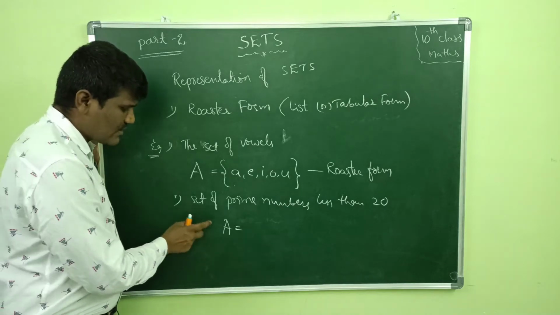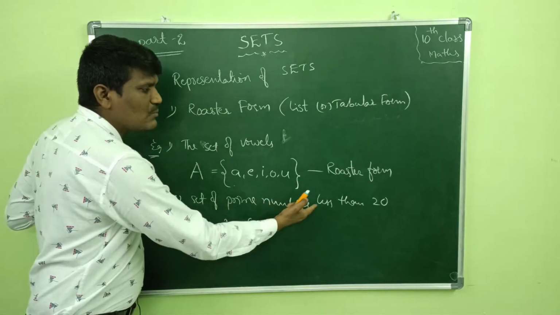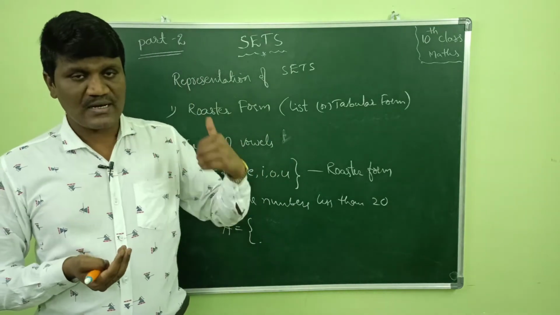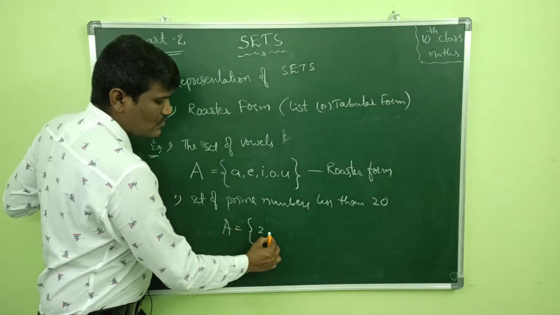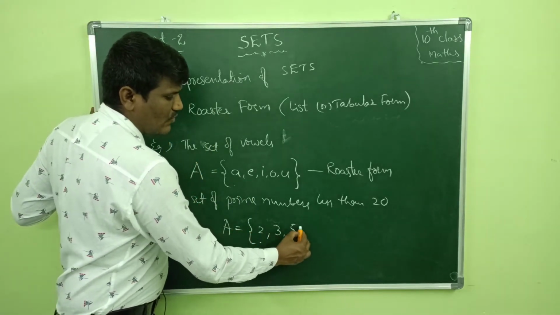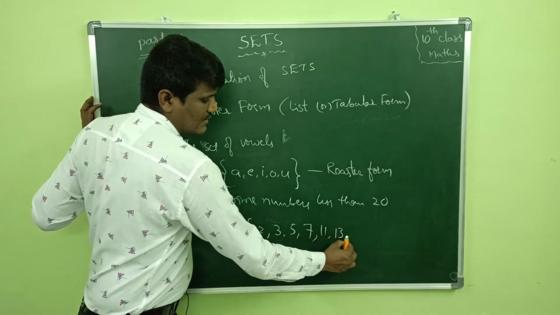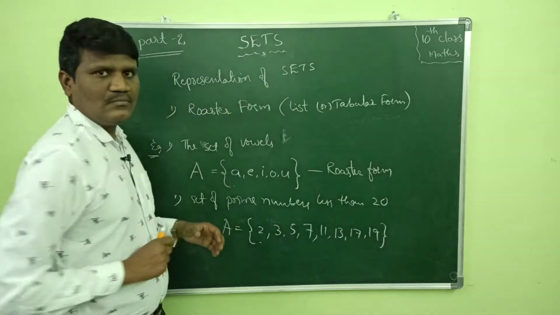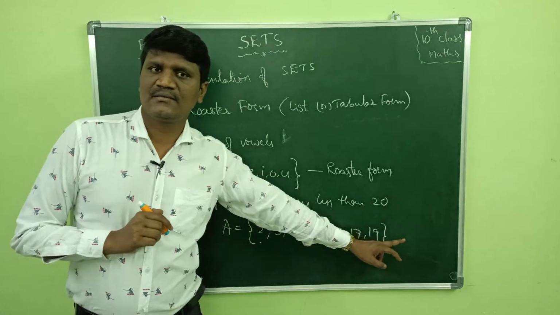So this is the set I am taking, open bracket, the prime numbers less than 20. What are the prime numbers less than 20? Starting with 2: 2, 3, 5, 7, 11, 13, 17 and 19.